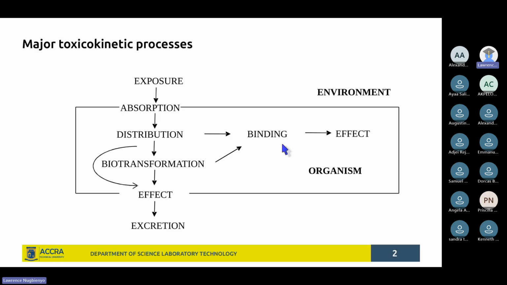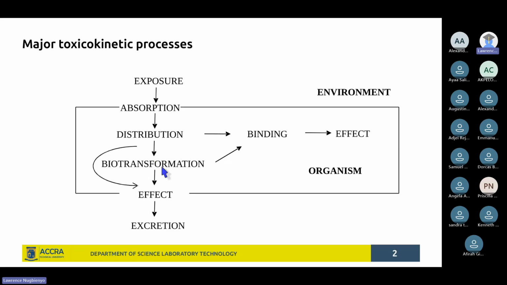Or you can have the substance first of all getting distributed to various tissues, various organs, and then that substance undergoes a process of metabolism. What is being referred to as biotransformation is the same as metabolism of the substance. And then you have the metabolites of the substance having the toxic effect.